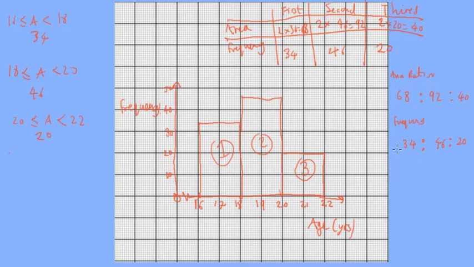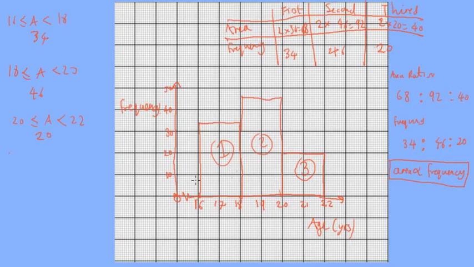So the ratios are the same. The ratio of the area of the columns is the same as the ratio of the frequencies. That shows us that the area is proportional to frequency. And this holds for every histogram.